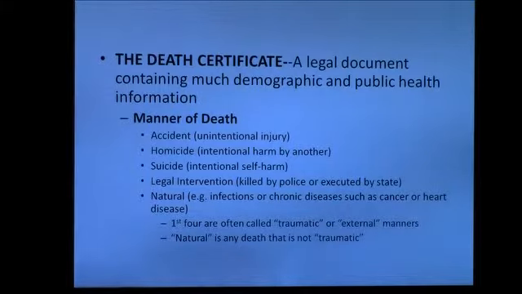I'll just point out a few of the things that are on the death certificate. The manner of death is one of the first things noted, and our options are accident, homicide, suicide, legal intervention, and natural death. Accident, homicide, suicide, and legal intervention are also called traumatic causes of death, or sometimes external causes of death, and natural is everything else.